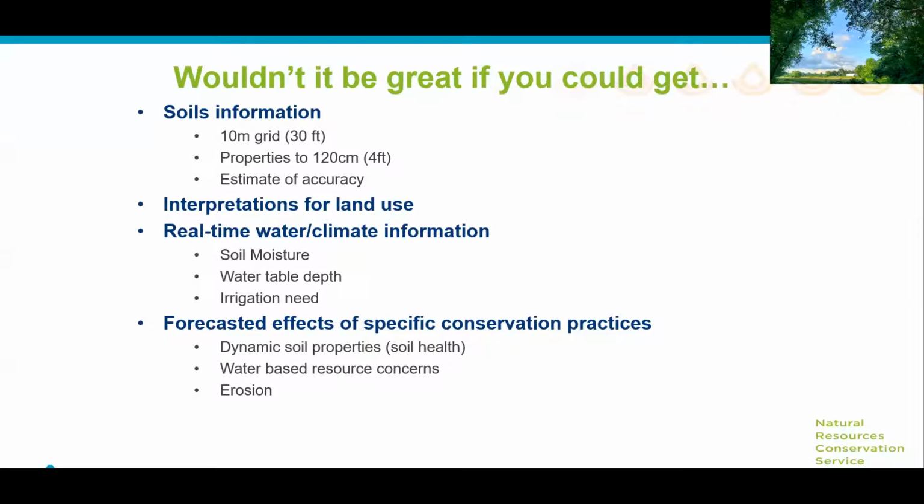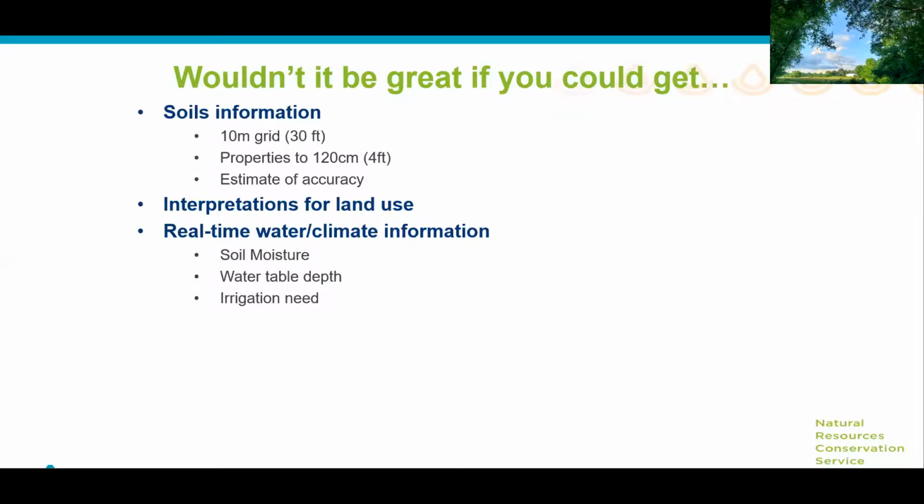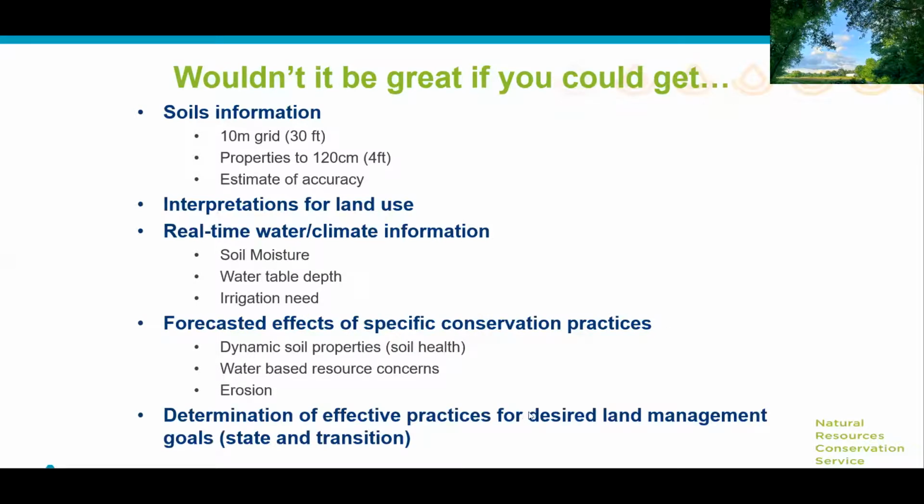Then forecast what will happen as different practices are put into place for soil health, the dynamic soil properties Sky had talked about, water-based resource concerns, erosion, what will happen if, and then determination of effectiveness of these practices, using our state and transition models to help producers, landowners, and land managers really get to where they want to be and see this in real time while they're working with a planner on their property and get an idea as to what would be best for them, best for the property, best for the environment.